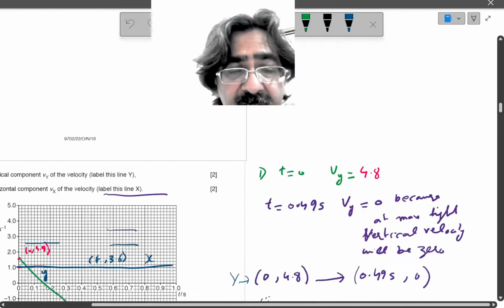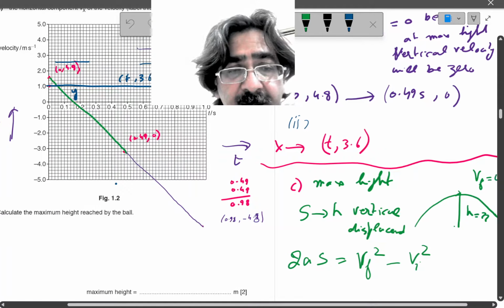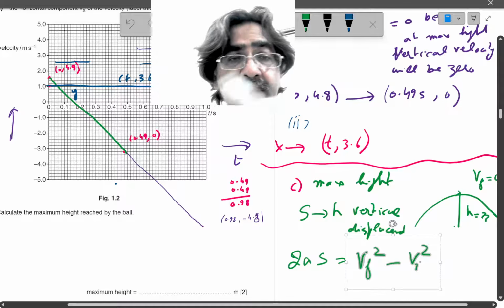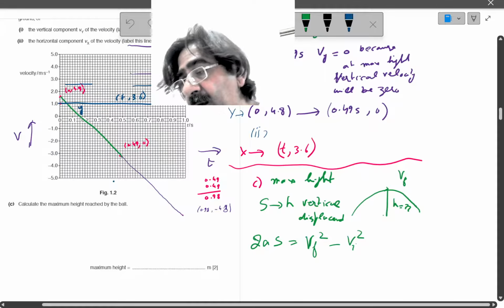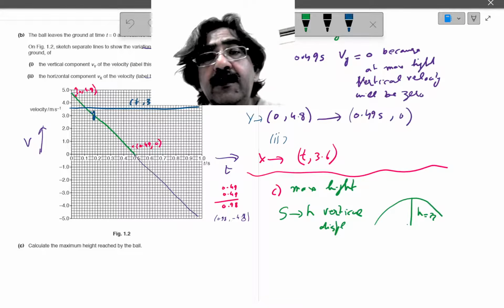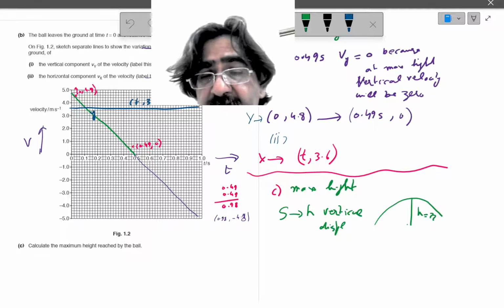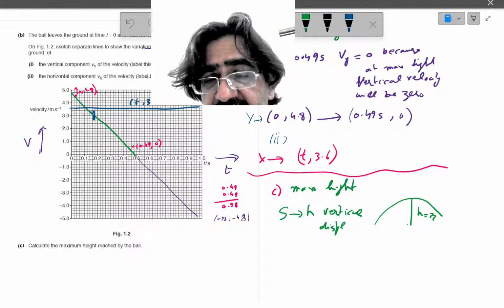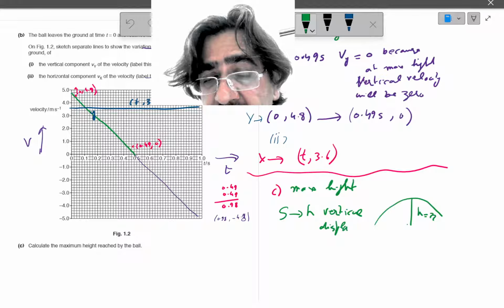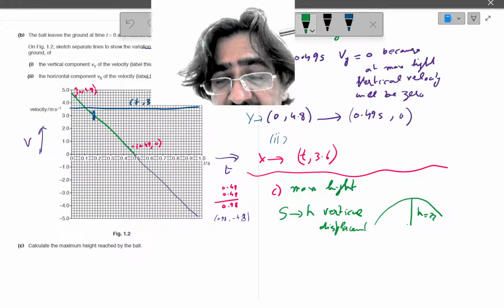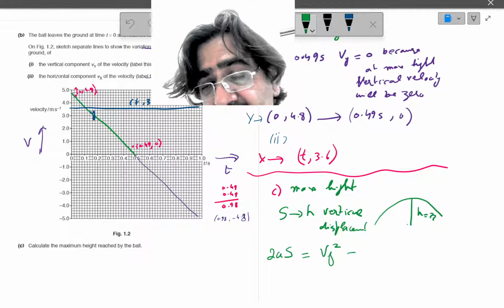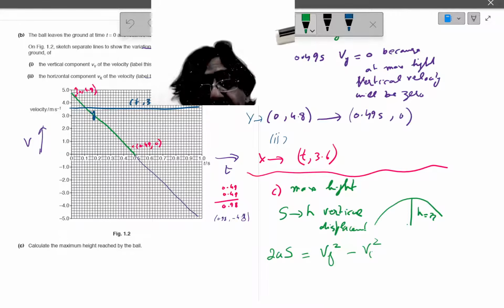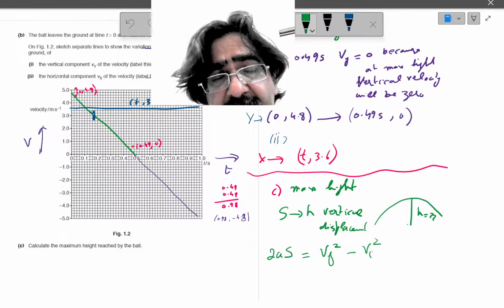given. Since to find the maximum height we have to consider the vertical displacement, we use the formula 2aS equal to Vf square minus Vi square, where a is the acceleration.